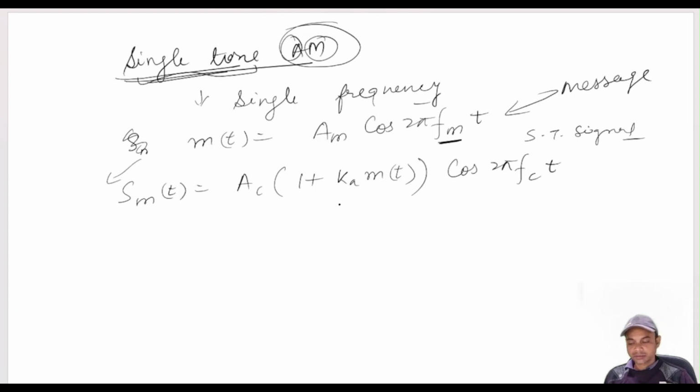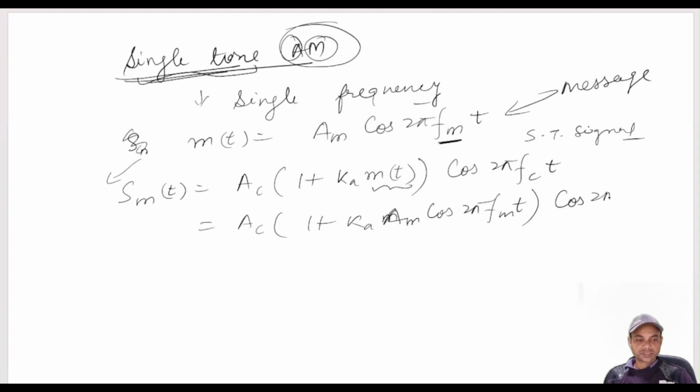Okay, am I right? We are just putting the value of m(t), then we can write Ac into (1 plus Ka Am cos 2 pi fm t) into cos 2 pi fc t.